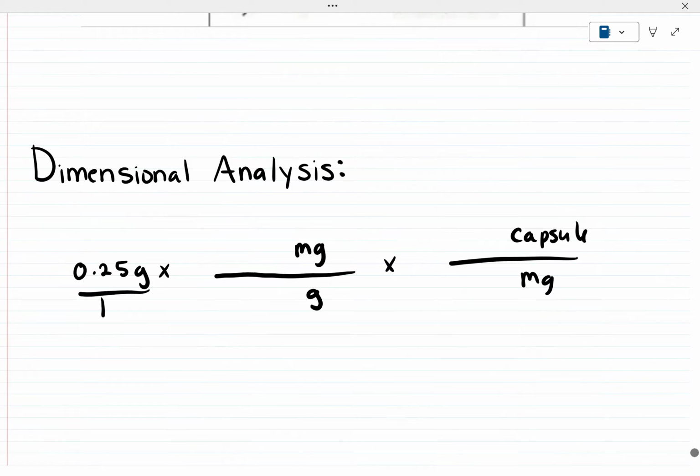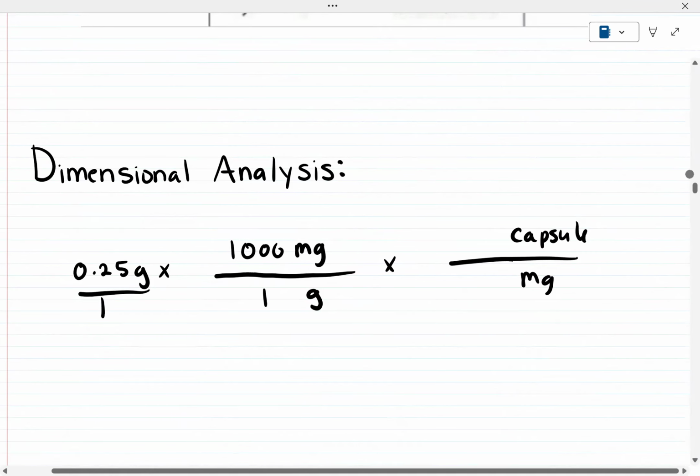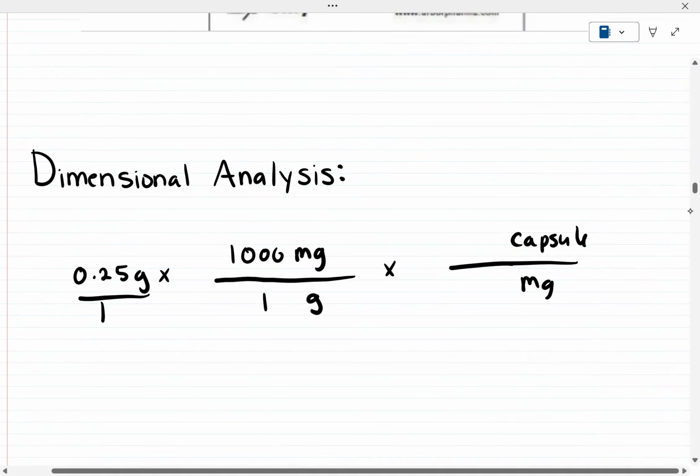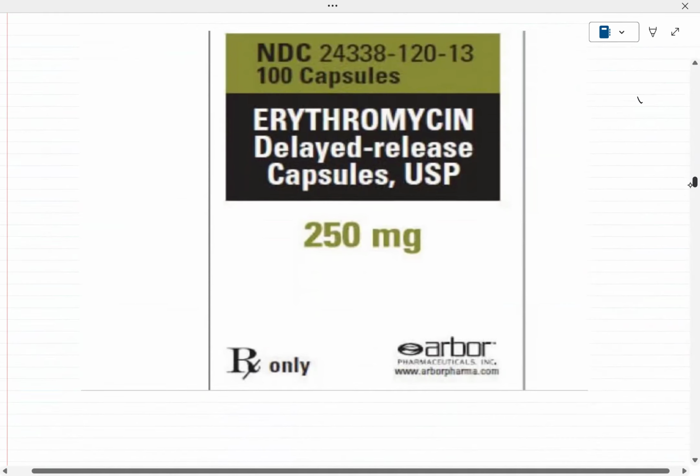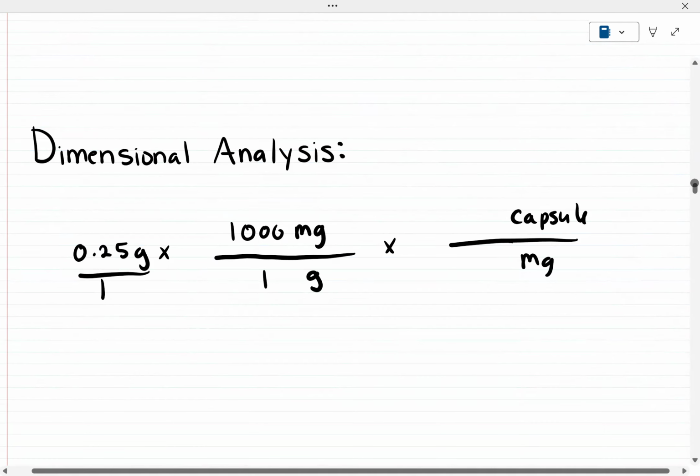Let's fill in the blanks. Based on your notes, what is the relationship between milligrams and grams? For 1 gram, there's 1,000 milligrams. And if you look back at your label, for one capsule there's 250 milligrams.